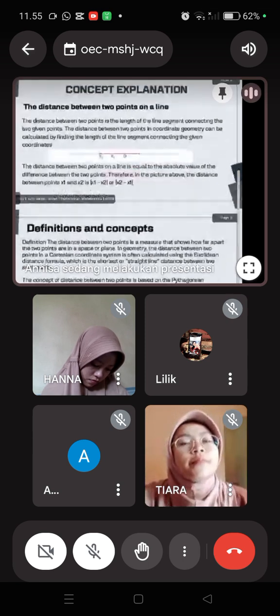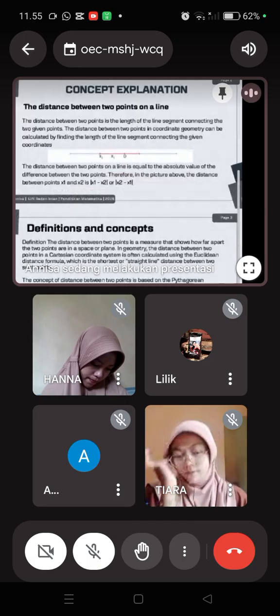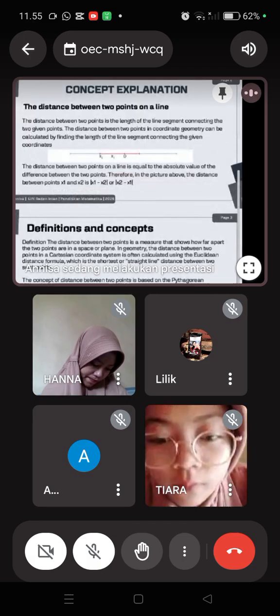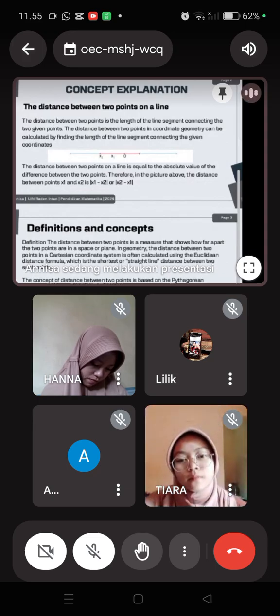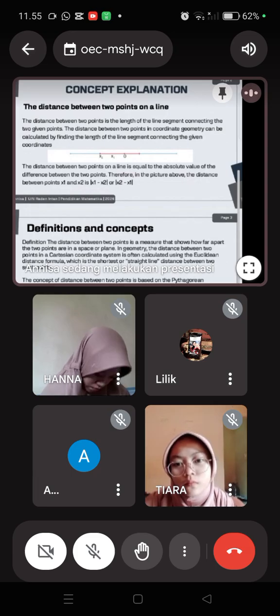The distance between 2 points on a line is equal to the absolute value of the difference between the 2 points. Therefore, in the picture above, the distance between points x1 and x2 is x1 minus x2 or x2 minus x1.